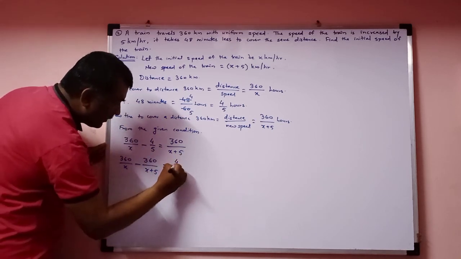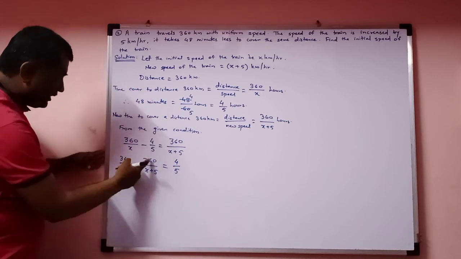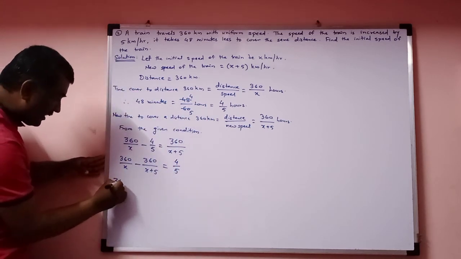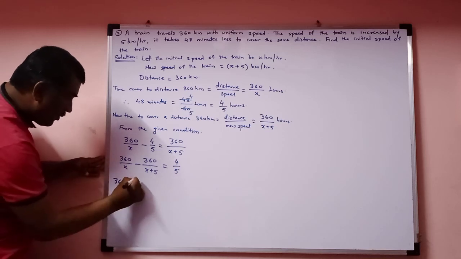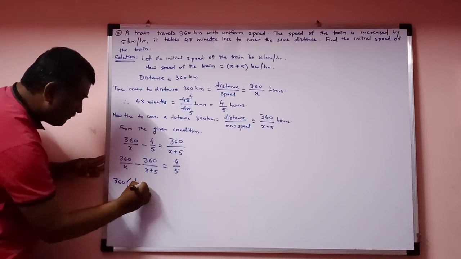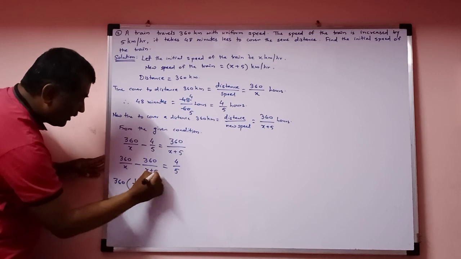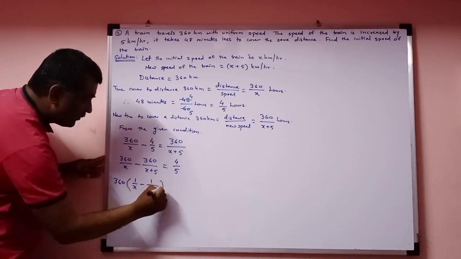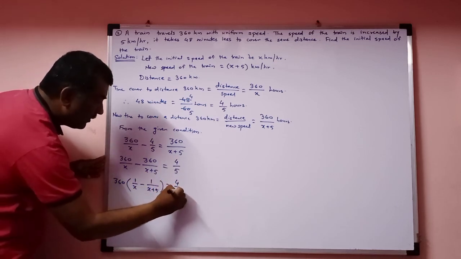Let us take 360 common: 360 into bracket 1 upon x minus 1 upon x plus 5 is equal to 4 upon 5.